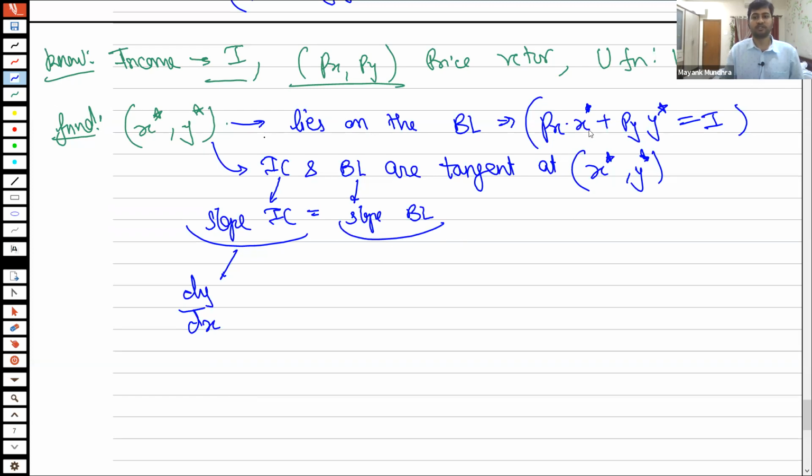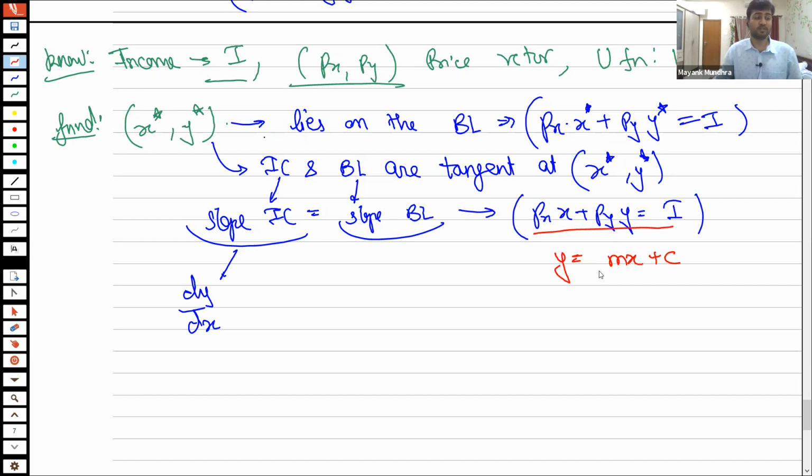Slope of the budget line. So the budget line is Px x plus Py y equals I. If I resolve this in y equals mx plus c form, then what would be the slope? I am putting this question up for Ananya.